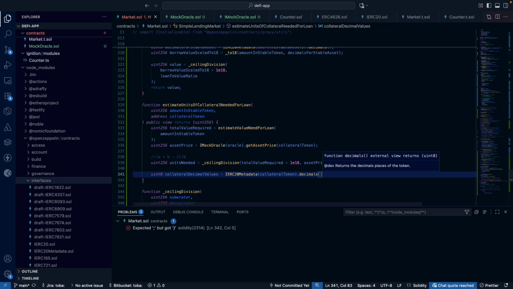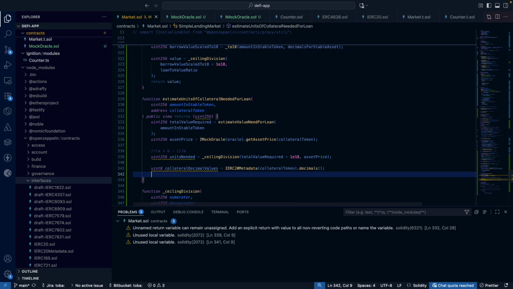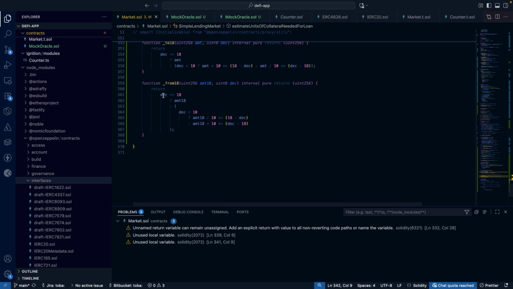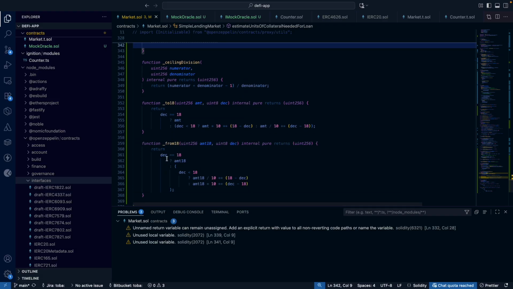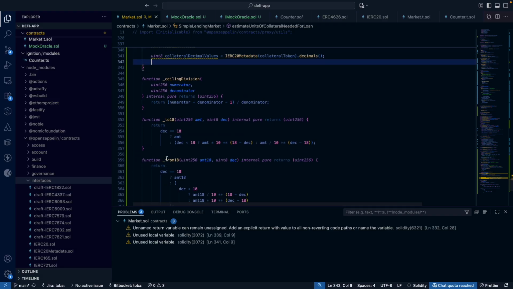Yeah, okay, and then we're going to be scaling this from 18 to whatever it should be. Now if it's going to be 18, it's not going to do anything, because if it's equal to 18, it just returns itself, so this only handles the event where it's not 18 decimal places.